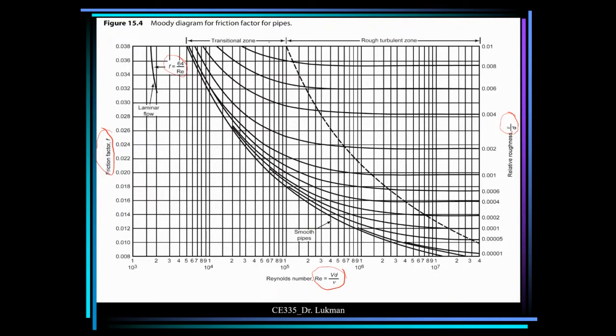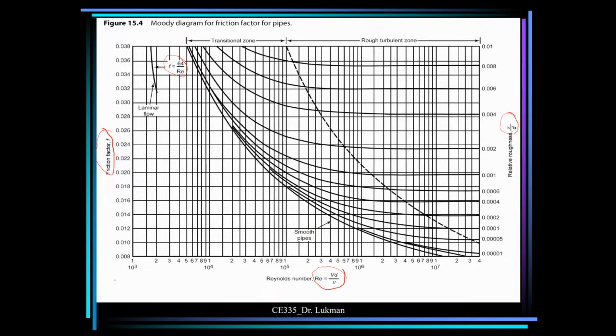But then you have the transition zone and the rough turbulent zone, which is usually the case for our flows. So all you need to do is determine the relative roughness and the Reynolds number, and then you can use them to find the friction factor.